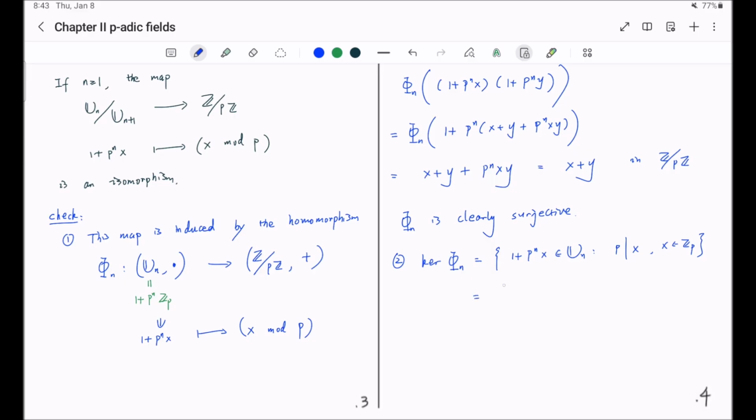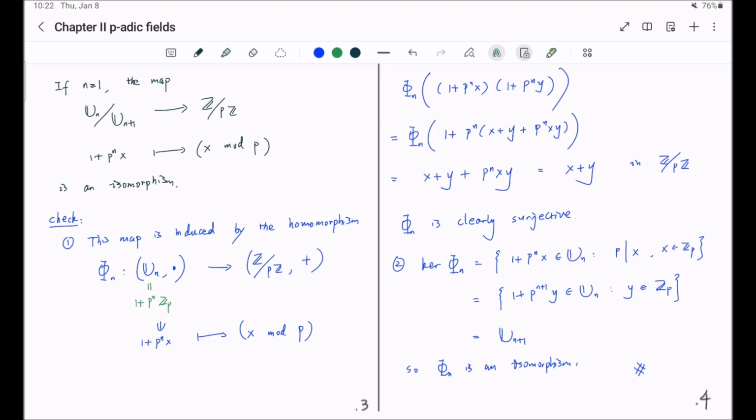And this, by definition, because p divides x, x can be written as p times y, where y is in Z_p. So you can rewrite this as 1 plus p^{n+1} times y, where y is in Z_p. But this guy is precisely equal to our U sub n+1. And this verifies that the kernel is this guy. So this map is an isomorphism.